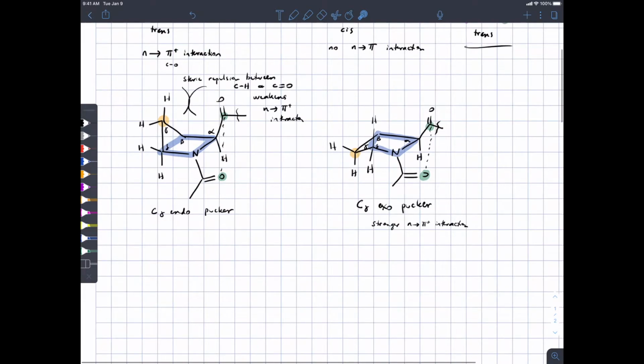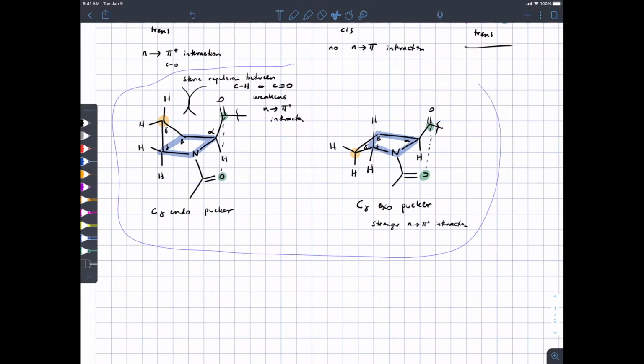So Raines and his group asked, is there something we can do to this gamma carbon that might influence whether we have an endo versus exo ring pucker? And the first place they looked was in just what nature does.